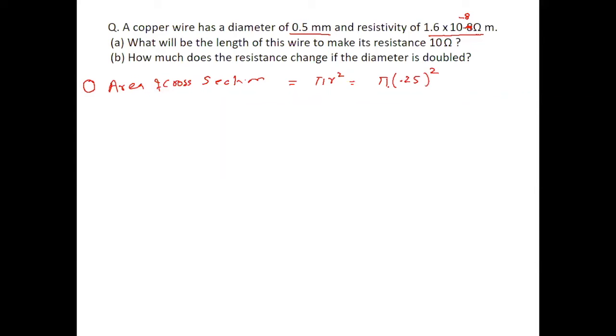Why? Diameter is 0.5 and r is 0.5 by 2, 0.25. Okay, so calculate the area. 0.25 × 10^-3 meter.